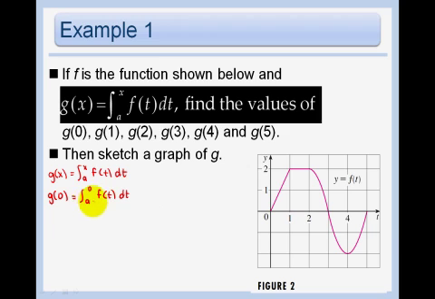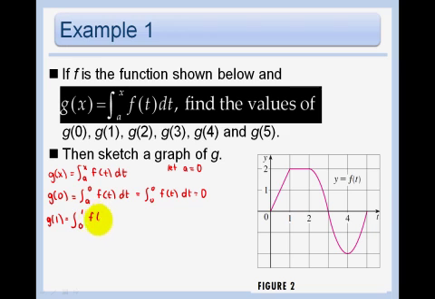So we can let a be anything just so long that it's smaller or equal to our x. So let's, for this example, let a equal 0, since 0 is the smallest thing we see here. And so the integral from 0 to 0, what is the area under the curve from 0 to 0? Well, that's just 0.